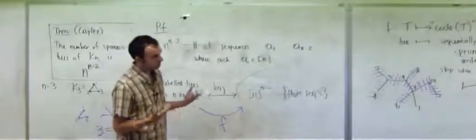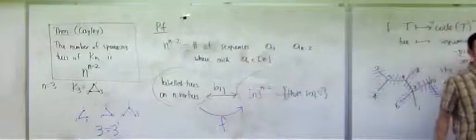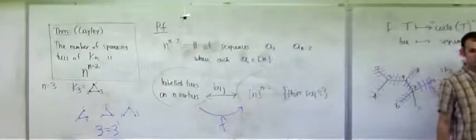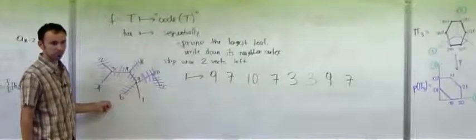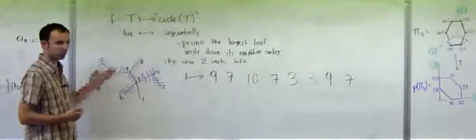Well, basically, it should be that no matter what sequence of n minus 2 numbers between 1 and n I give you, you are supposed to be able to tell me, and tell me uniquely, what tree that sequence comes from. So in other words, I need to give some kind of algorithm to undo this algorithm. Okay? So let's do that.